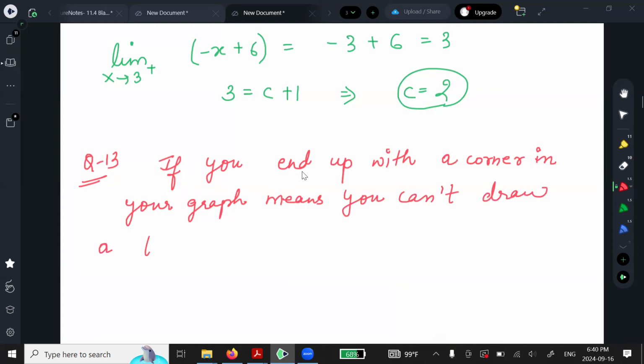You can't draw a tangent, hence function is not differentiable at that point. Now keep this in mind, okay? Then we'll go back to the question.